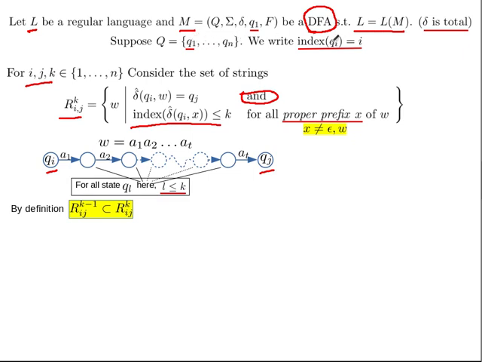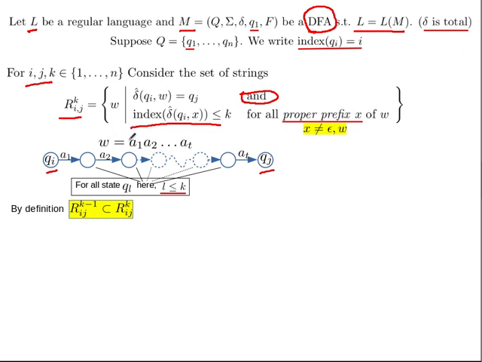So if you take any qi, the index of qi is i. This is saying that if you take any proper prefix of w, where by proper prefix I mean it's a prefix and it's not epsilon or w itself.